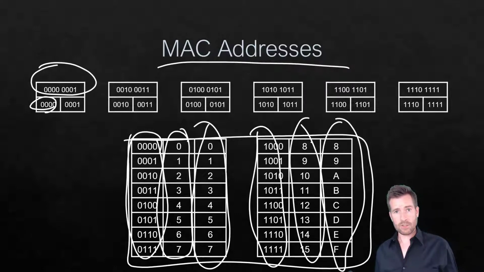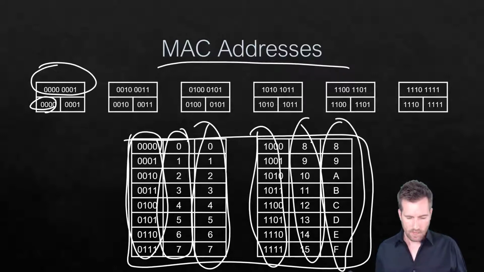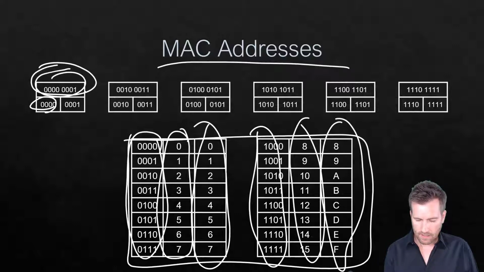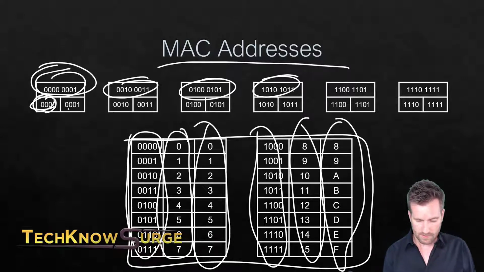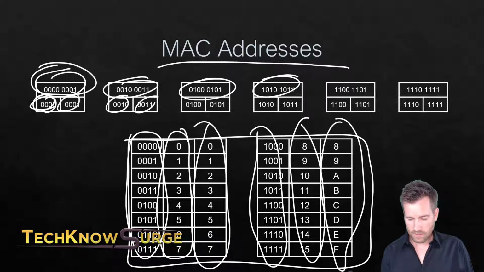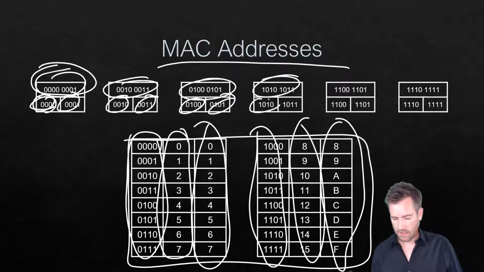So I'm going to show you how we translate from that binary number to a hexadecimal form. I've got the binary numbers written here at the top. We've got to break that down into 4 bits and 4 bits and 4 bits. You can see here along my next column, I've got that broken down.